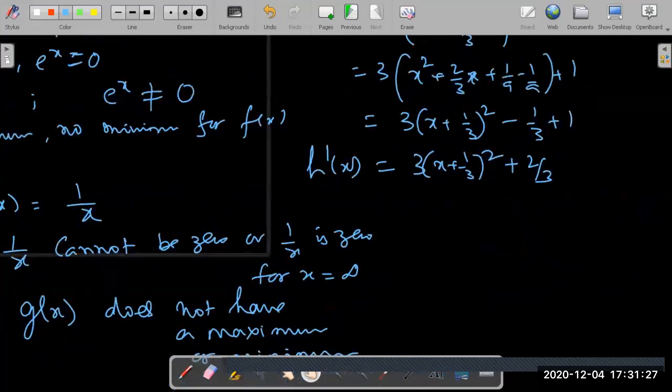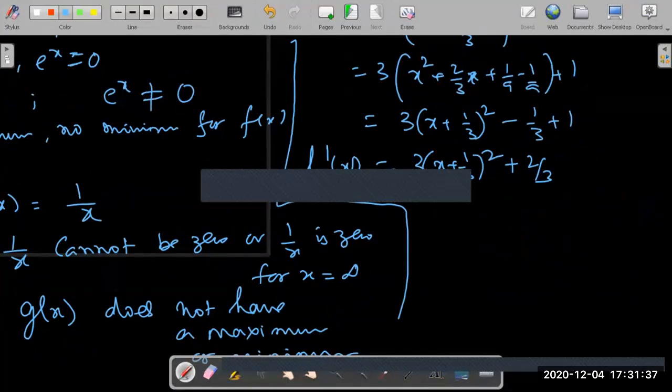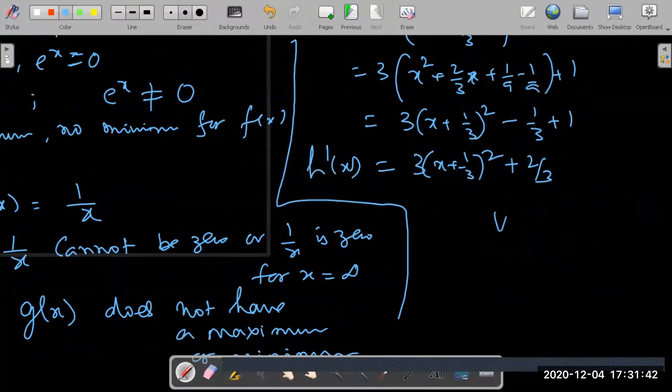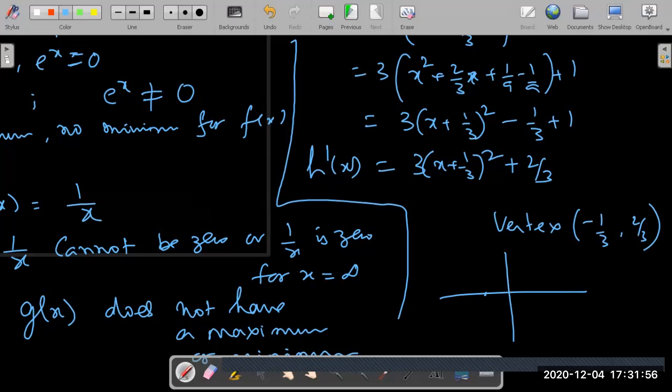If you plot this, the vertex is at minus 1 by 3 comma 2 by 3. So the curve goes like that.